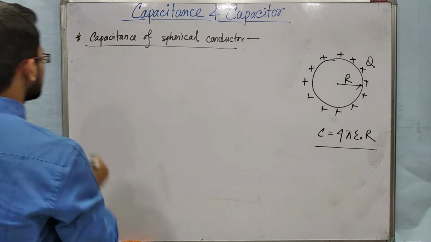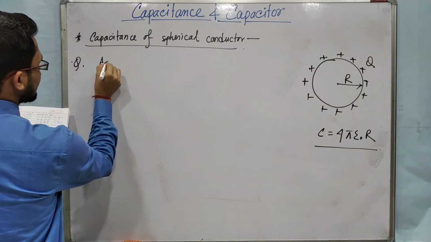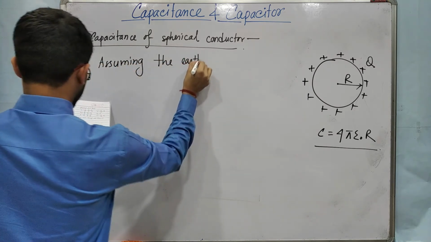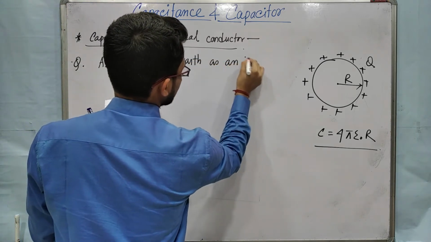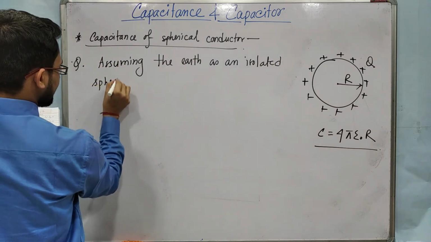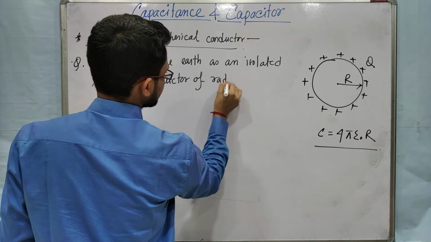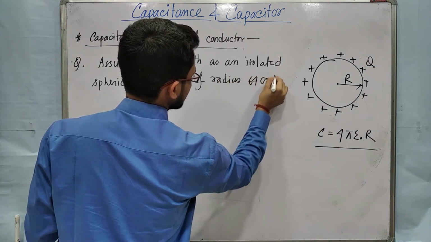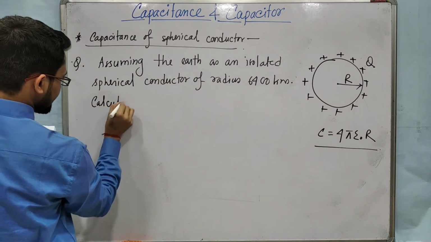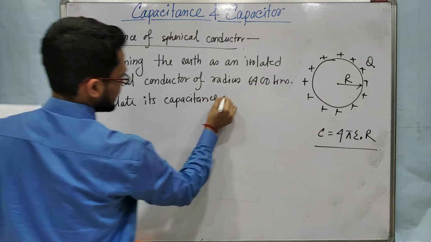The question is: assuming the earth as an isolated spherical conductor of radius 6400 kilometers, calculate its capacitance in farad.